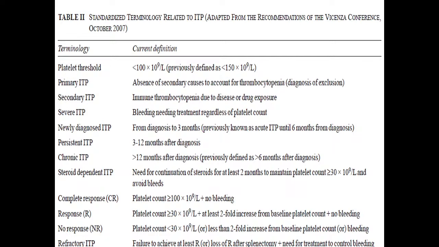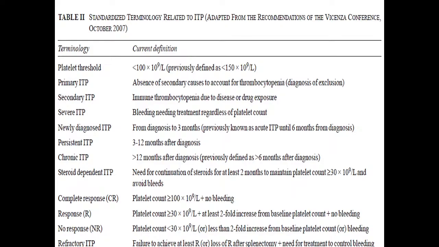Then secondary ITP means there is some cause, either some disease or some drug exposure; some immunodeficiency also causes it. Then it is not actually ITP, it is secondary thrombocytopenia. Then severe ITP: bleeding needing treatment regardless of the platelet count.